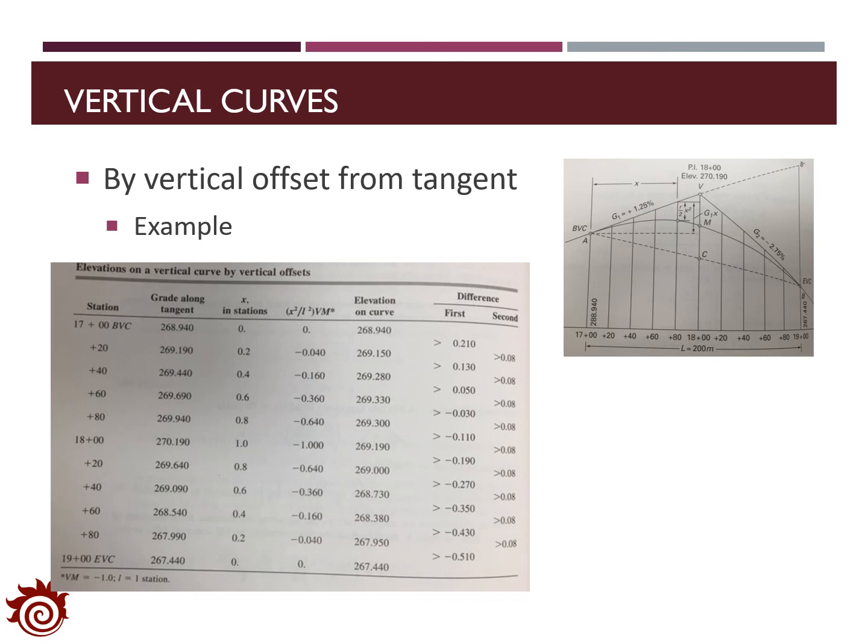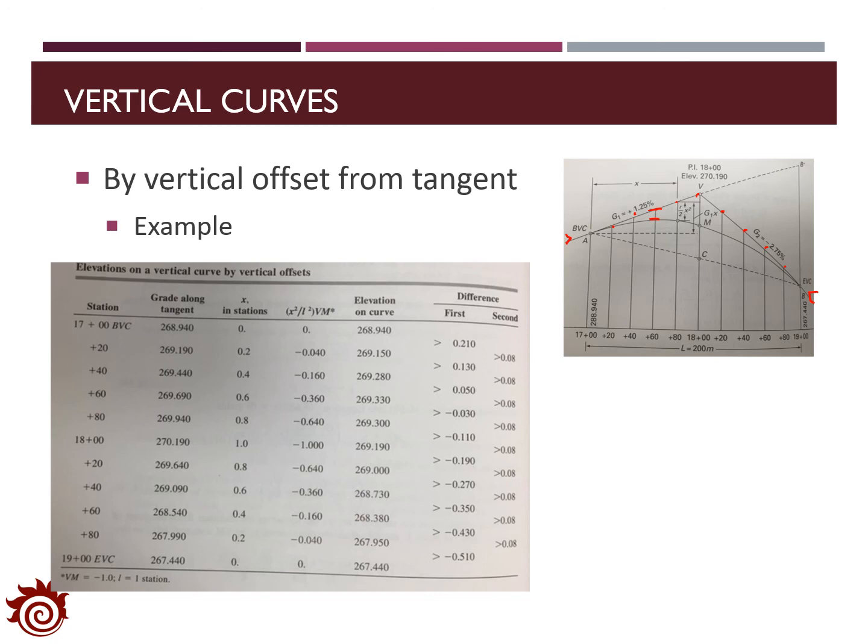In order to apply the vertical offset method, we first need to identify the elevation along the extended line of the two straight segments. So we have to identify the elevations of these stations. And then we need to find the offset for each station between the tangent line and the vertical curve.